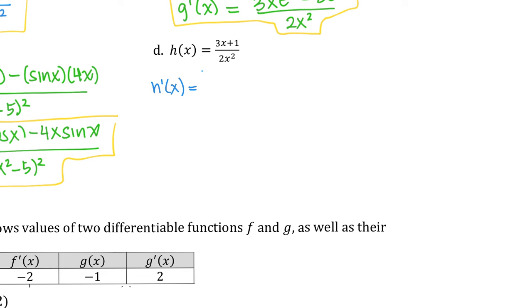It's low, D high, minus high, D low, square the bottom, away we go. Okay, let me simplify this, 6x squared.